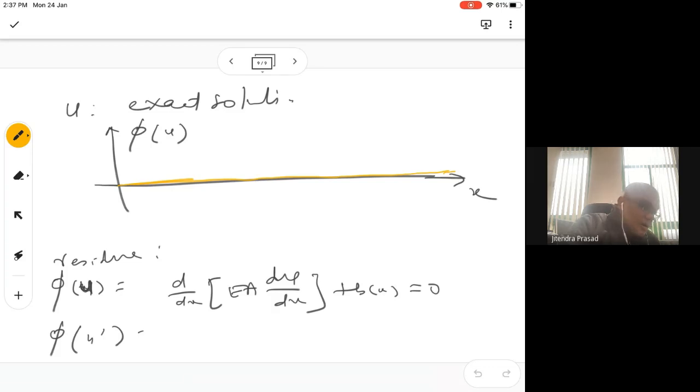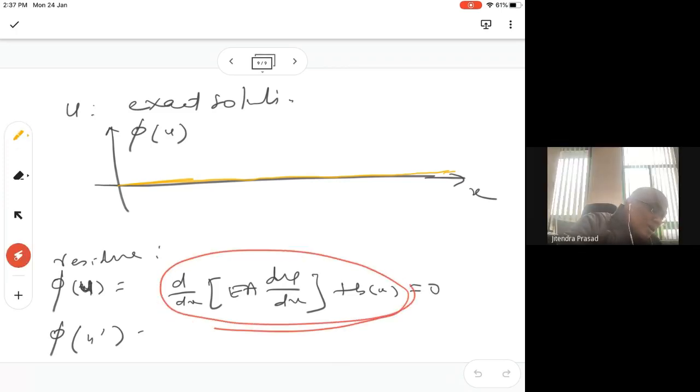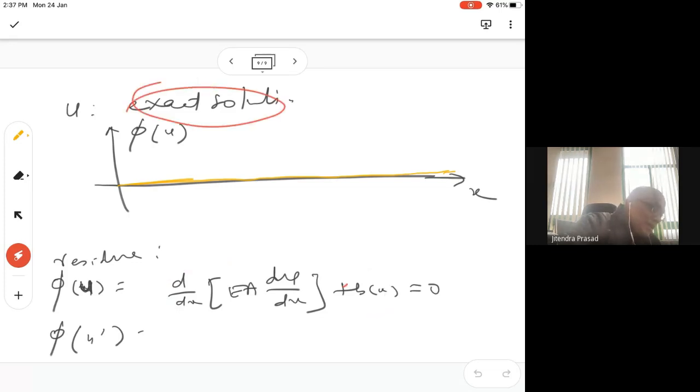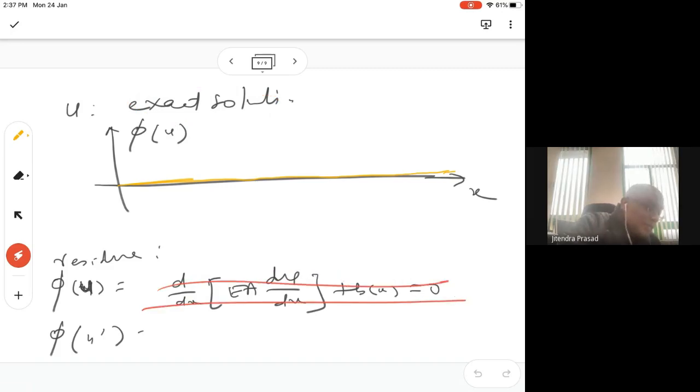But still, this will hold true everywhere, because this is the basic equation that we got. Regardless of what the boundary conditions are, this will always be true, and when you have the exact solution, this will always be 0. Hence I'm plotting this as 0.